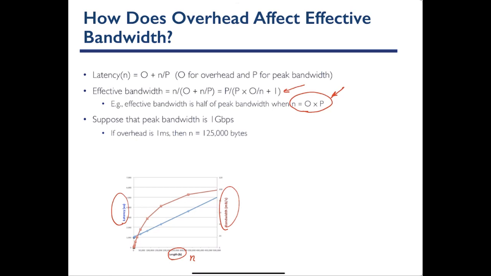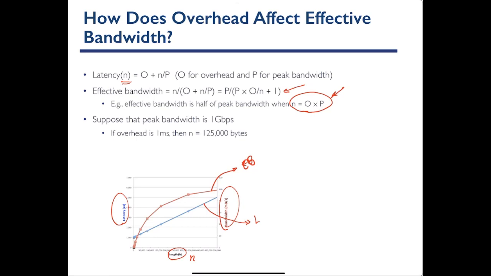The red curve is effective bandwidth, or EB, and the blue curve is your latency. Obviously, latency also increases with N. Latency is a linear function of N, as you can see: it's O plus N divided by P. So that's the blue curve.